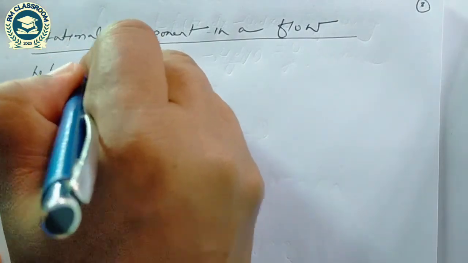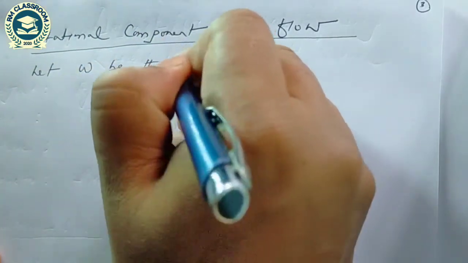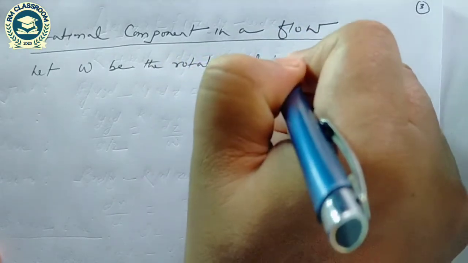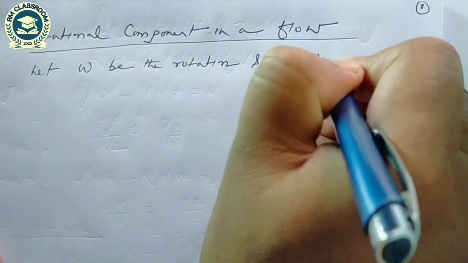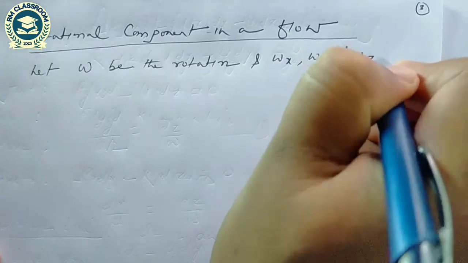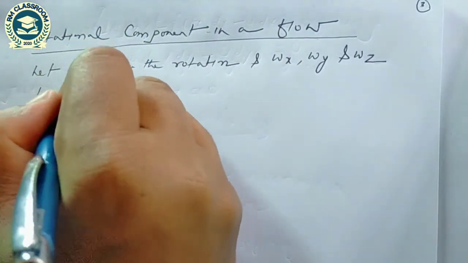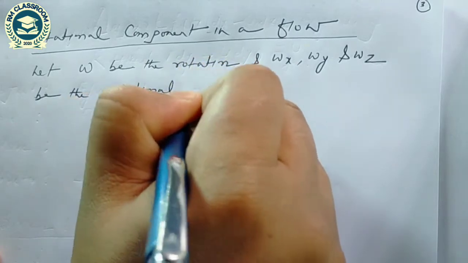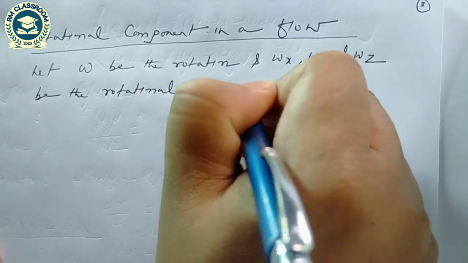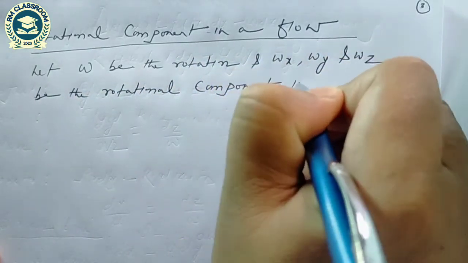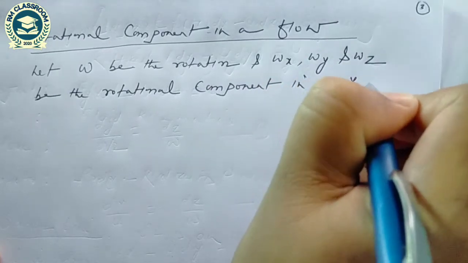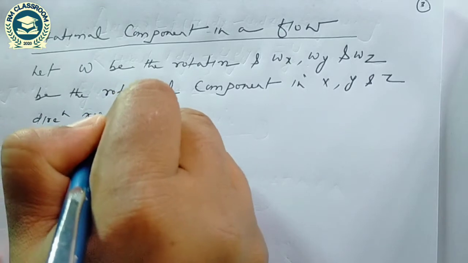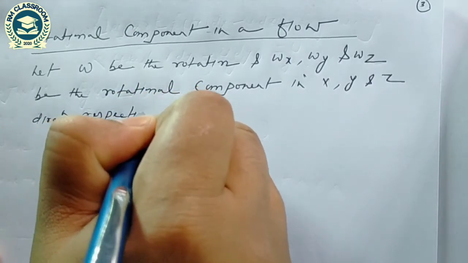Let omega be the rotation, and omega x, omega y and omega z be the rotational components in x, y and z direction respectively.